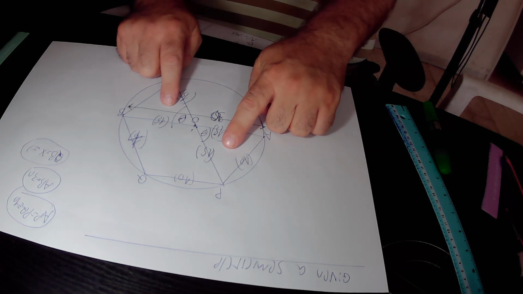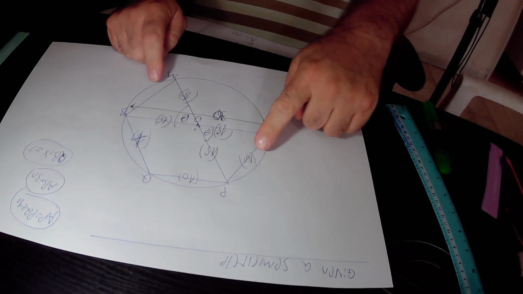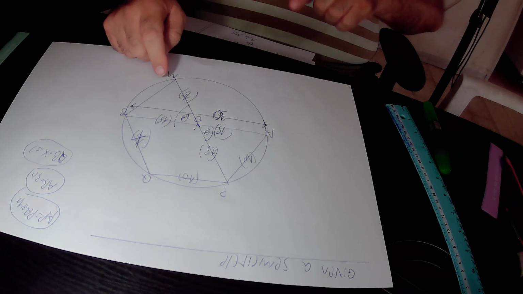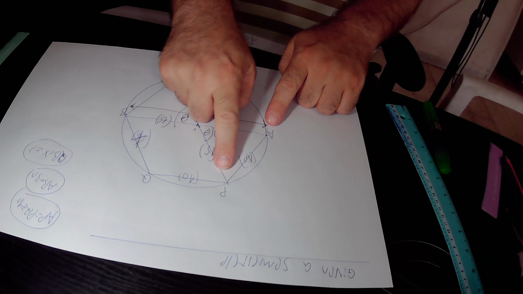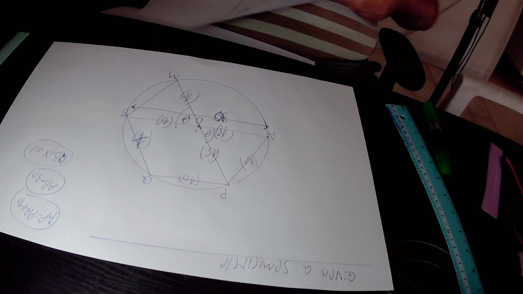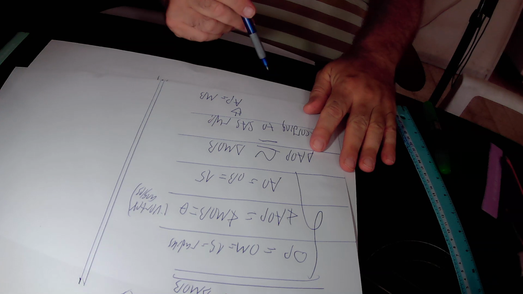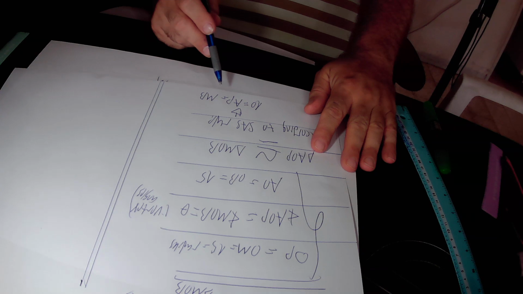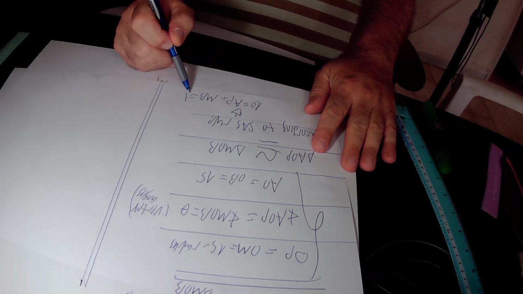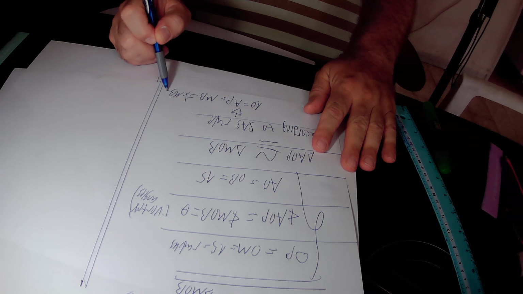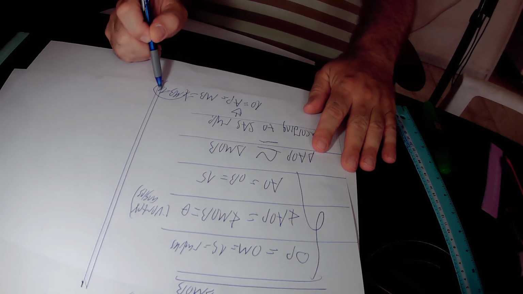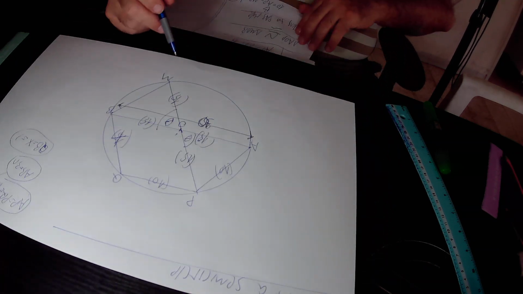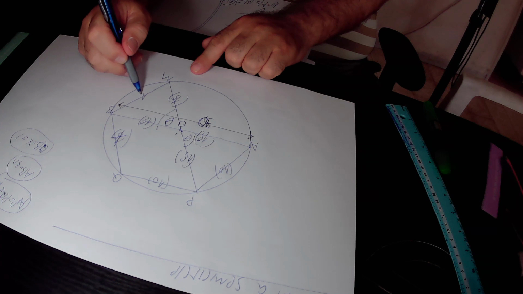But AP equals 10 units, which is what is given in the question. So you can write here that AP equals 10, and from this equation 10 equals AP equals MB, we derive that MB is also equal to 10 units in its length.